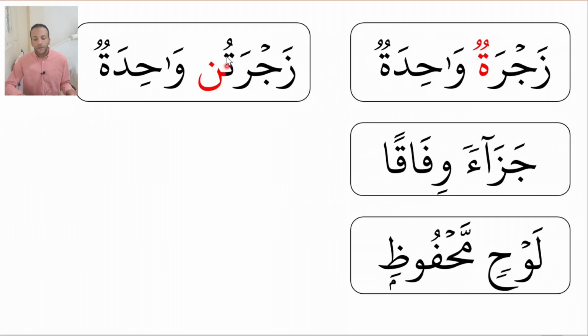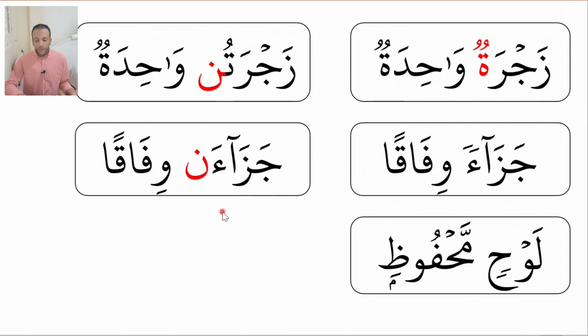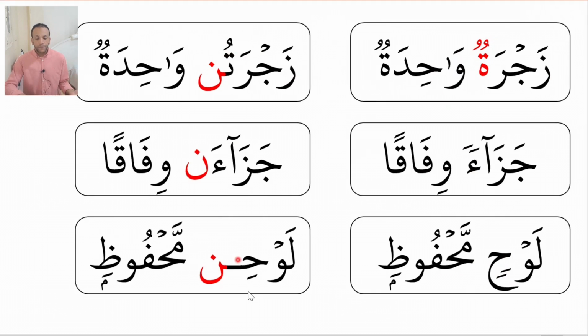In case you find Tanween, you pronounce noon after the letter that already has the diacritic of Tanween. In the first example, the letter Ta marbuta will be pronounced with the vowel Dhamma because the Tanween is Tanween Dhamma, and after that you pronounce the consonant letter noon. And the same thing with the other examples.